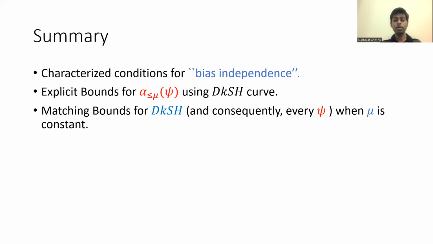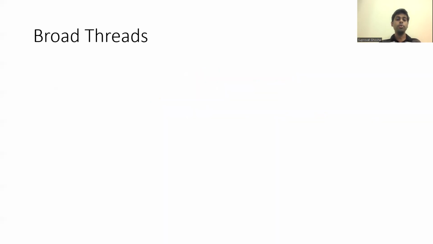And of course, the bounds that we get for the Densest-k-SubHypergraph problem are matching up to multiplicative factors for constant arity. And this consequently also gives us matching bounds for every biased CSP of constant arity. So overall, I'll quickly end by concluding with a few broad threads that I feel are fundamental questions that need to be understood in order to understand biased CSPs better in this framework.